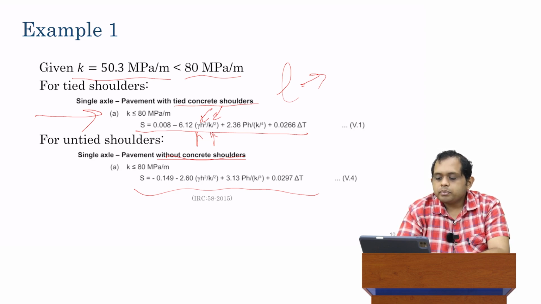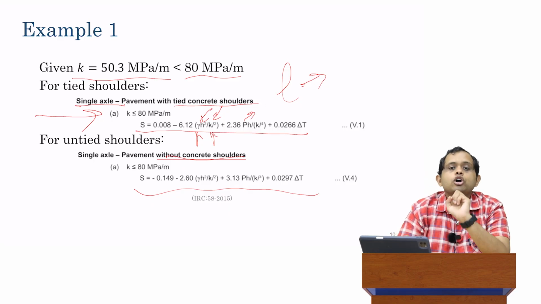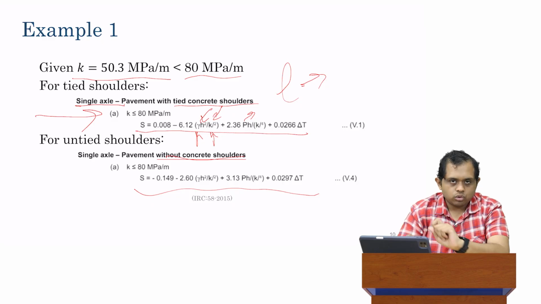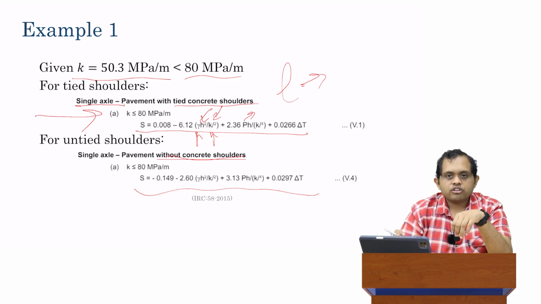Another set of inputs, we have P. P is the load of the axle. So since this equation is for a single axle, P is the total load of the axle. Common mistake. Many students erroneously assume that P is the load of the wheel. It is not the load of the wheel. The way the regression equations have been done is it is the load of the total axle.